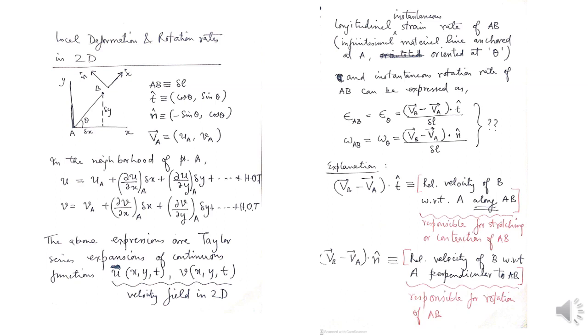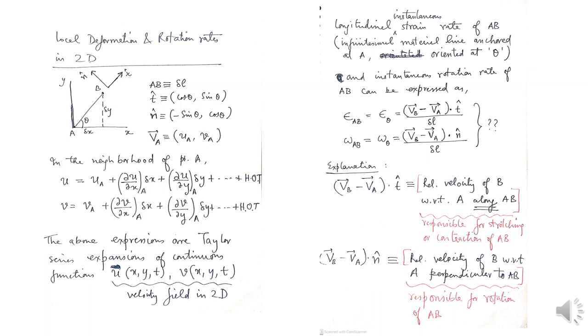If my angle of inclination is theta for AB, then the unit vector t cap has components cos theta and sin theta, and the perpendicular unit vector n cap will of course have components minus sin theta and cos theta.